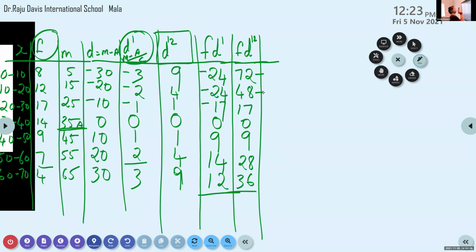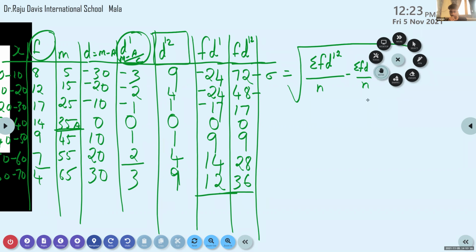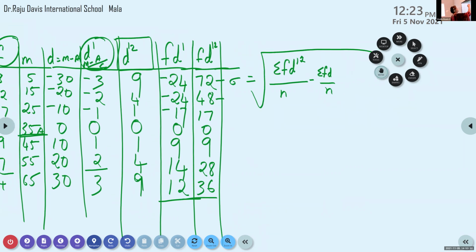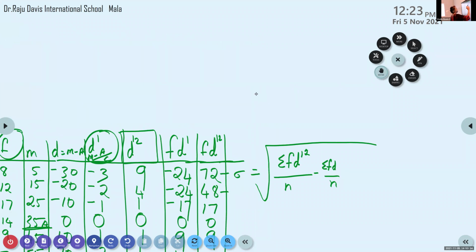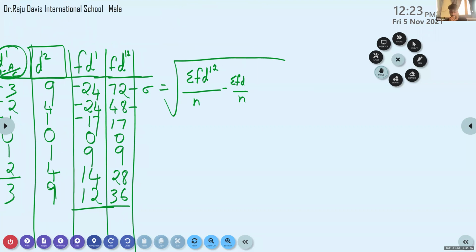Okay, now the formula. Tell me the formula, anyone? Sigma is equal to root of sigma f d dash square by n minus, sigma f d dash by n the whole square, the whole into c.